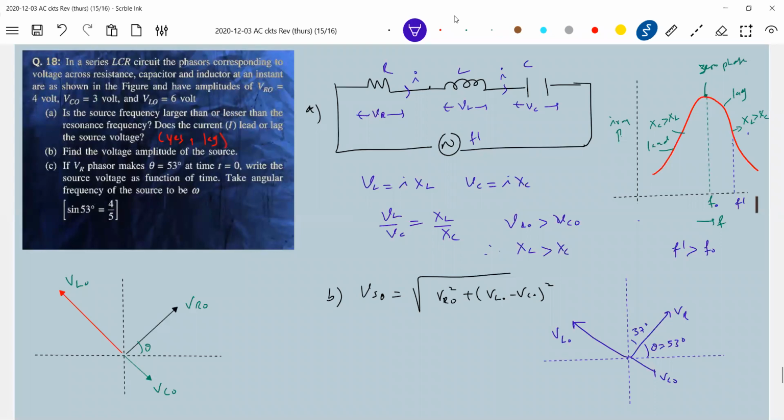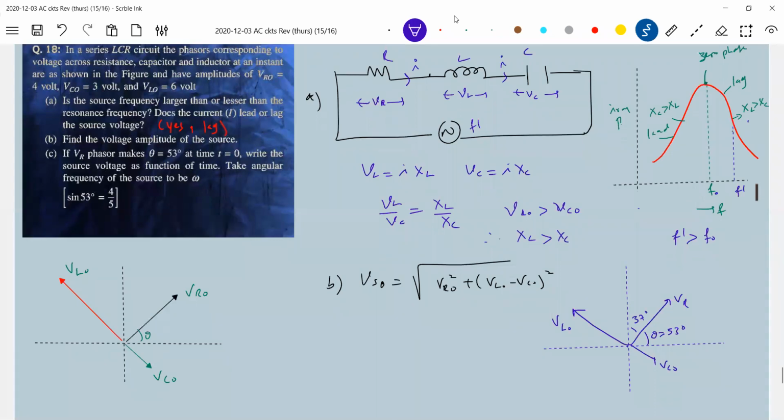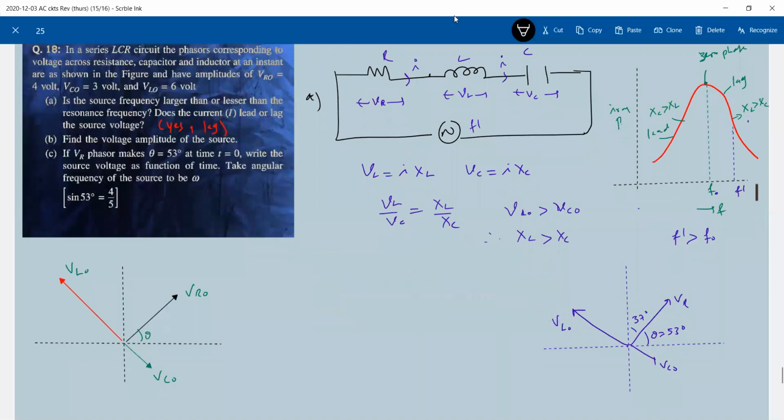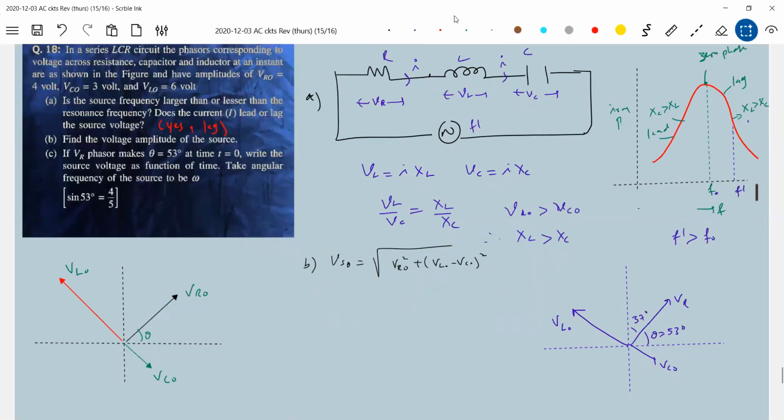So VLO minus VCO, how much will we get? 3 volt. The resultant will be, so one more triangle. Some simple math in there. So this will be VR, and this will be the difference of that.